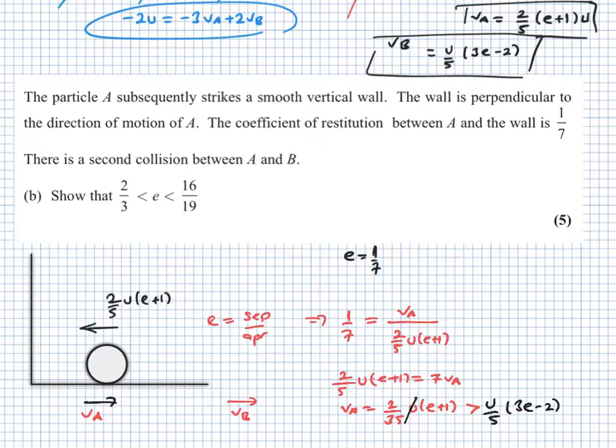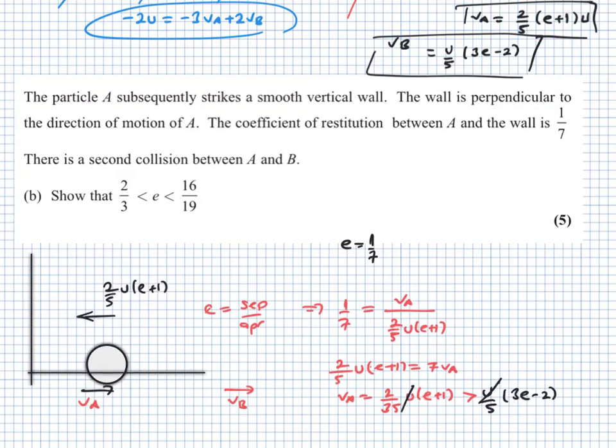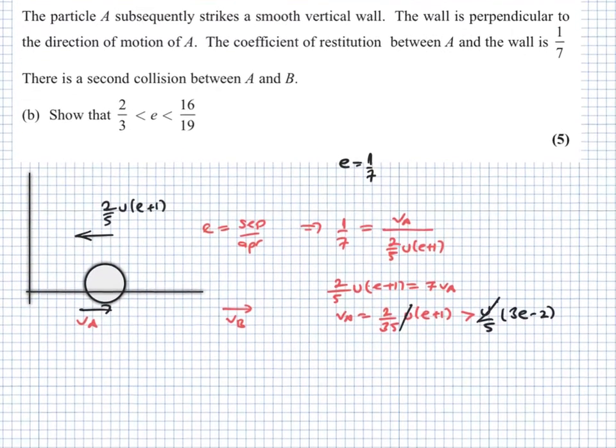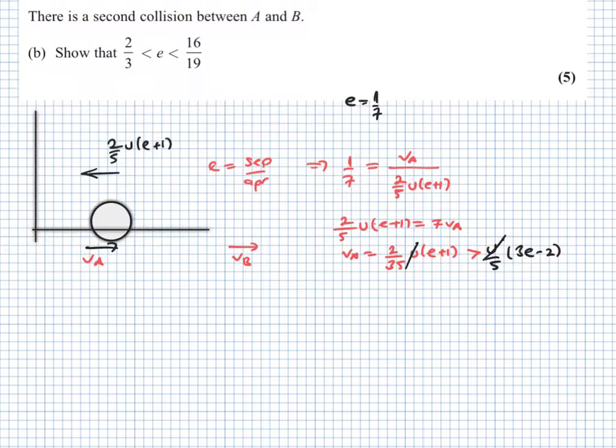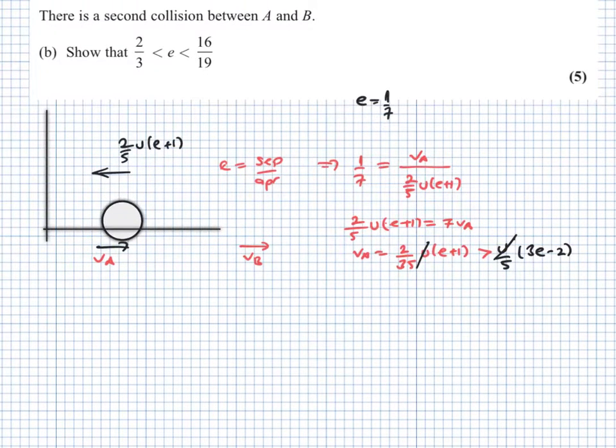If I cancel this u and this u over here, and simplify this equation by 5 for both sides, 2 over 7 times (e plus 1) would be greater than 3e minus 2. So 2e plus 2 will be greater than 21e minus 14.